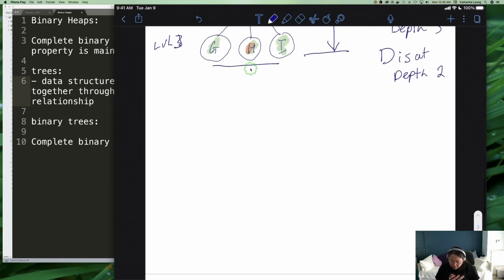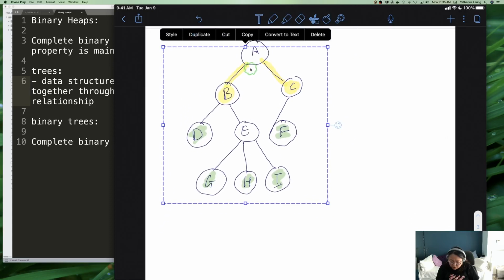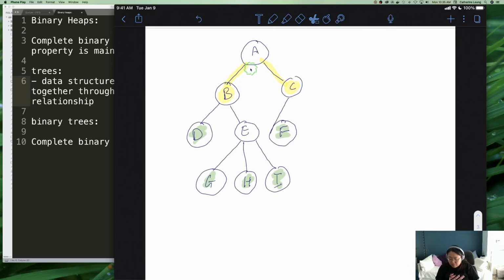Now, let's paste another copy of this tree and continue on. So here is the tree. This is the tree that we were working with at the beginning. Now, sometimes we talk about things that are called subtrees. A subtree is identified by its root.